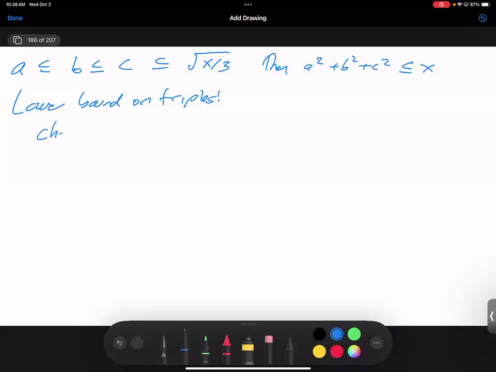So we want to choose 3 integers from 1 to square root of x over 3. How many ways are there to choose 3 integers from that set?